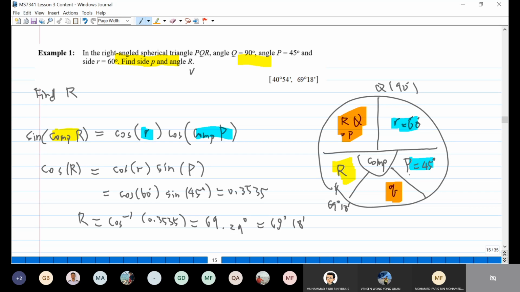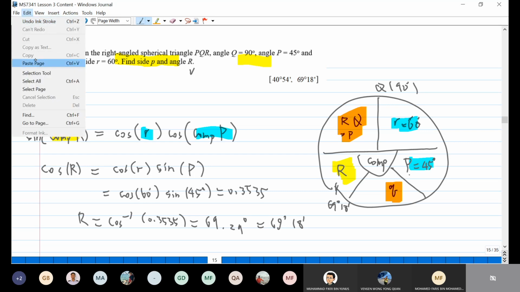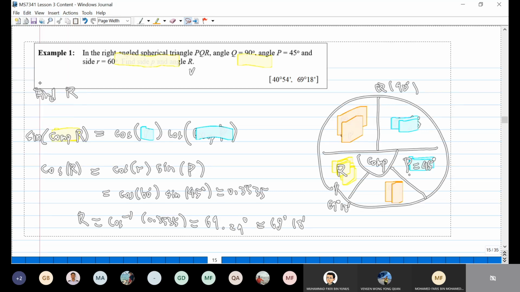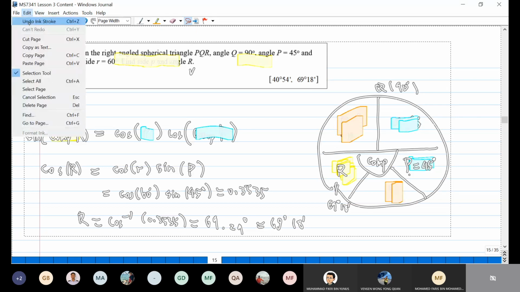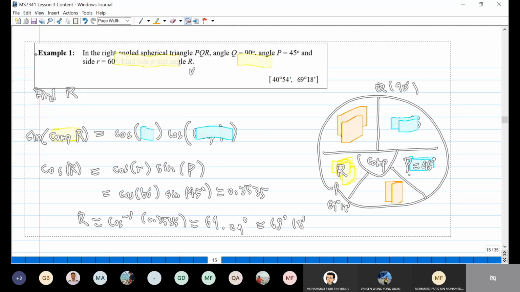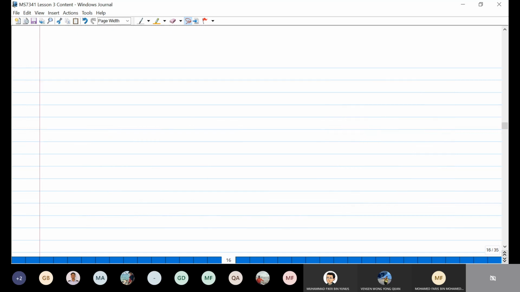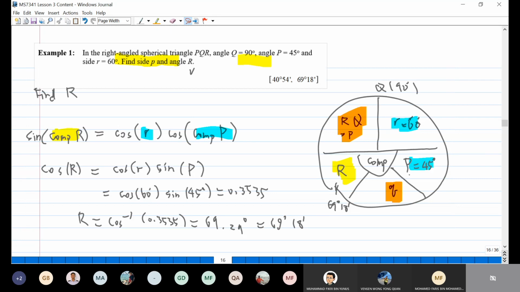So I want to insert in the page here. Copy the page first. So insert next page to find P. R I finished already, which I write down as 69 degrees 18 minutes here.